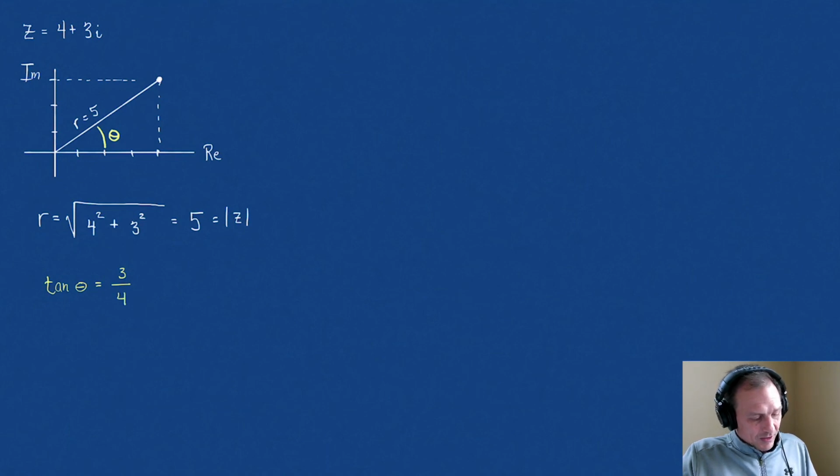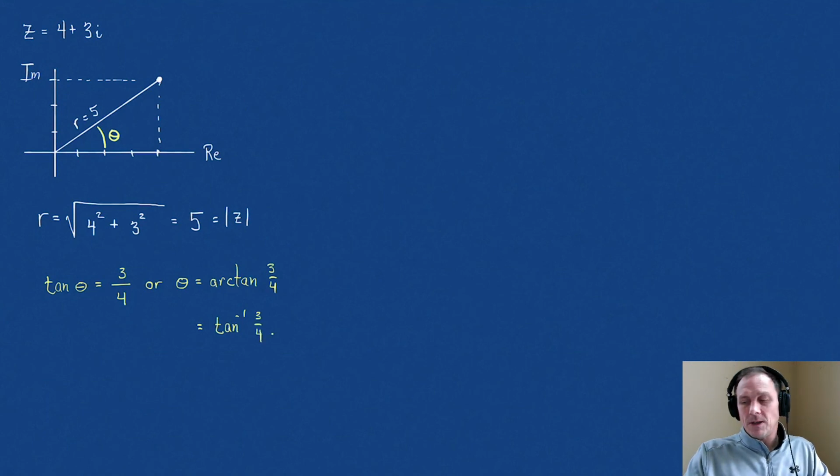So we can say the tangent of theta is 3/4, or we can say that theta is the arctangent of 3/4. And depending on the book, some people write it also as tangent inverse of 3/4. Either of those is absolutely fine.